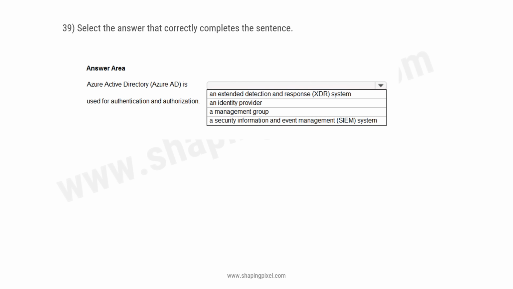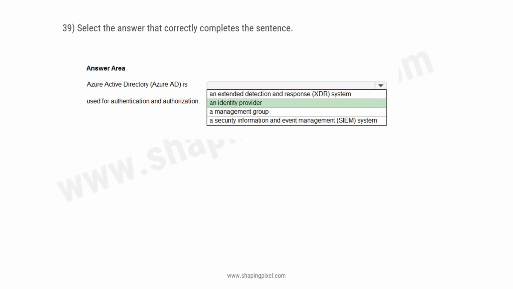Question number 39. Select the answer that correctly completes the sentence. Azure Active Directory is dash used for authentication and authorization. And you have four options: an extended detection and response system, an identity provider, a management group, a security information and event management system.